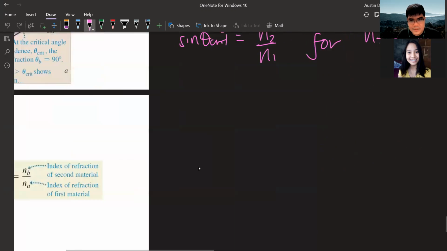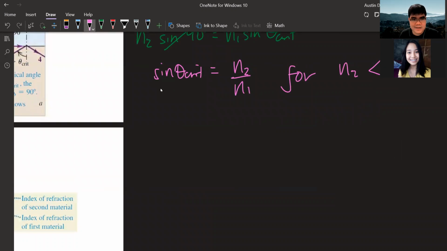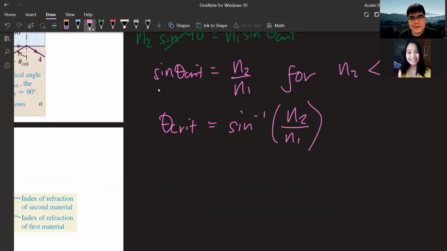Okay? Siyempre, para makuha si theta crit, i-inverse nyo lang. Inverse sine, inverse trigonometric functions. Okay? Yeah.